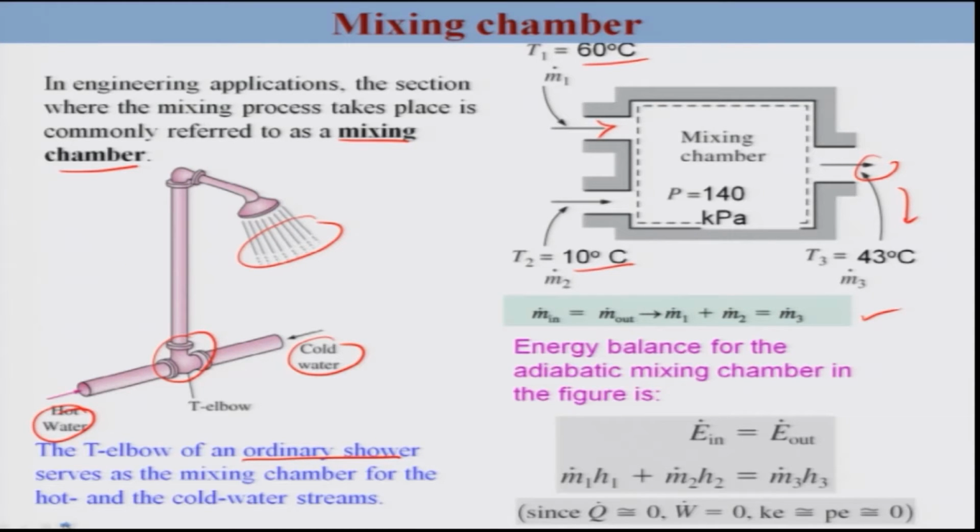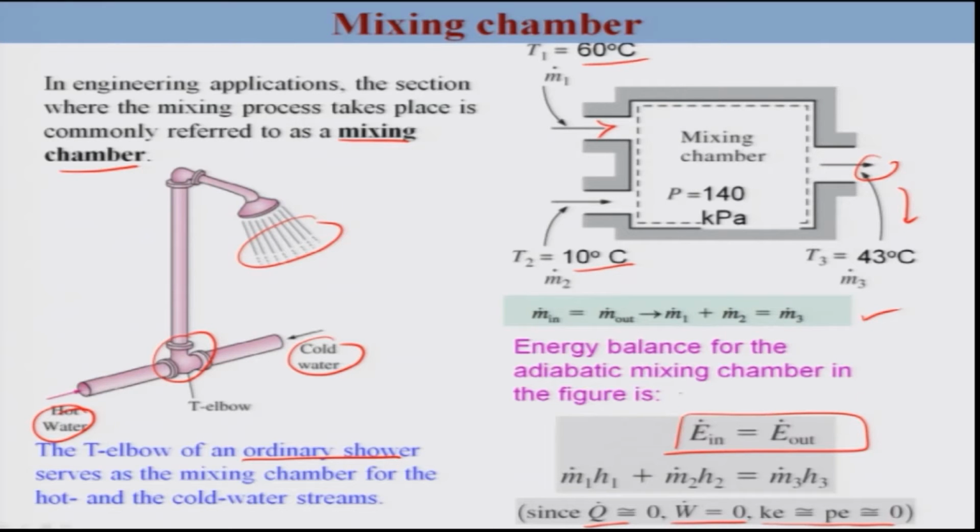Now considering steady flow, we are well aware that this will be the case for steady flow. Now we will be considering that there is no heat supply to it, so that means Q dot is 0, and there is no work done by the system, and we will be assuming that the changes in the kinetic energy and potential energy are 0.